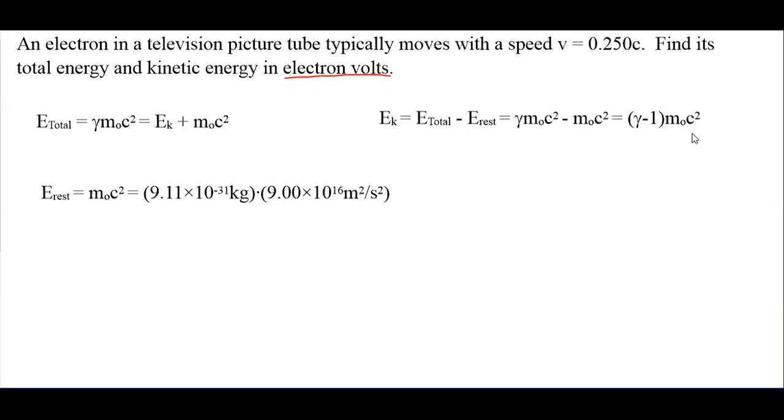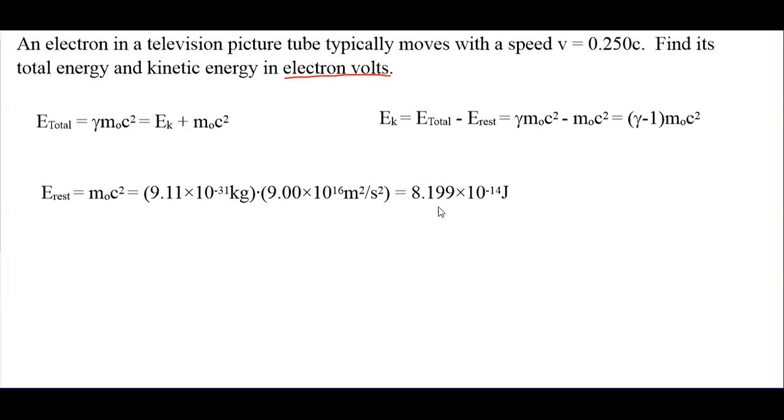It's found in both equations, so you might as well just find that and write it down off to the side. So take the mass of the electron, 9.11 times 10 to the negative 31 kilograms, multiplied by the speed of light squared. So 3 times 10 to the 8 squared becomes 9 times 10 to the 16 meters squared per second squared. So that's just a number to also put in your head.